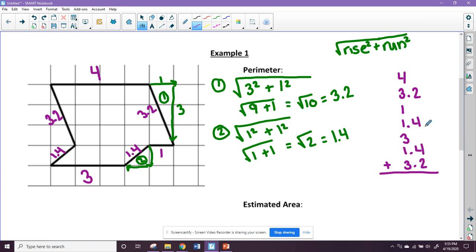So 4, 8, 10, 12, carry the 1, bring down the decimal, 5, 8, 9, 10, 13, 14, 17. So perimeter is 17.2.